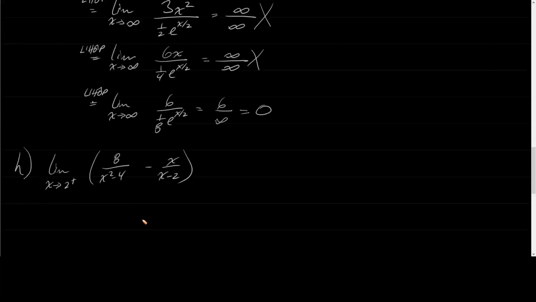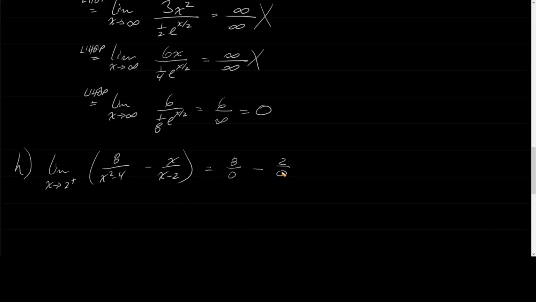All right, let's see what we get here. If I plug in 2 squared minus 4, that's 0. So I end up with 8 over 0 minus, plugging in 2 over here, 2 over 0.